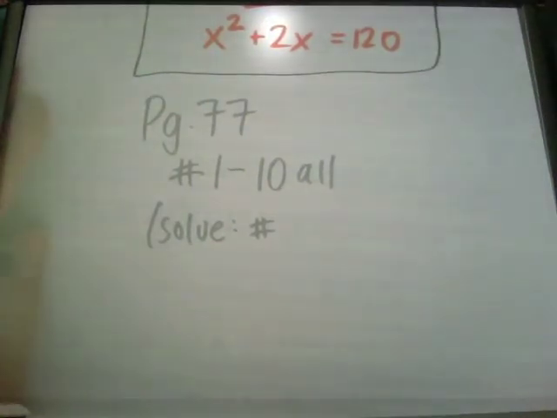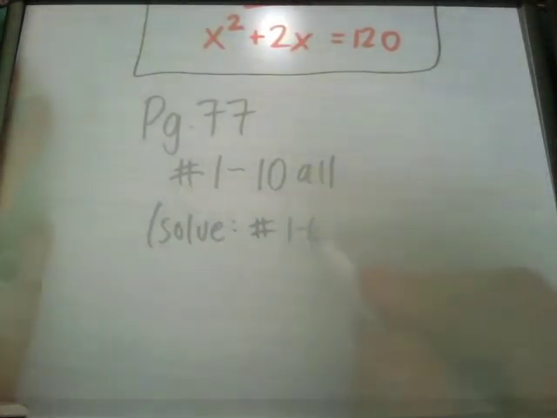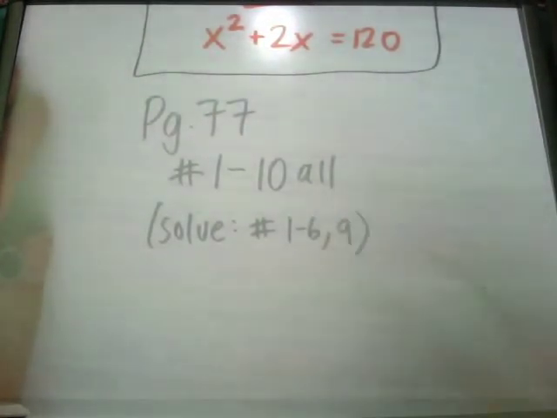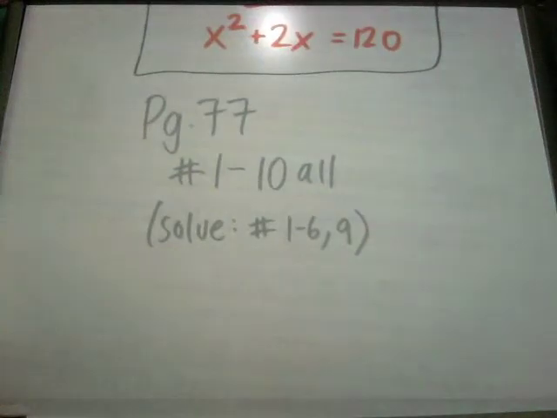So that's going to be numbers 1 through 6, and number 9. You can skip solving number 10 and number 7 and 8. Write the equation and solve for some of them.